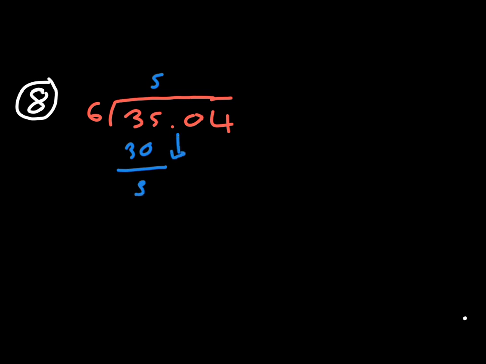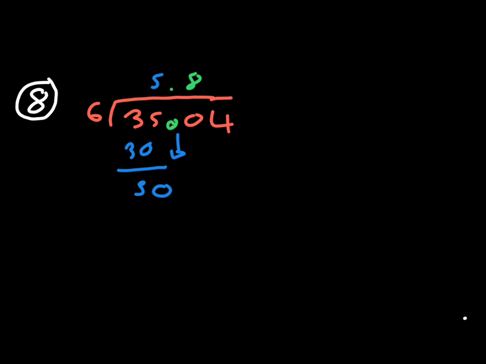We drop the 0, and that gives us 50. Now, how many times does 6 go into 50? And that will be 8 times. Now remember, our decimal point is over there, so we need to keep it over there.